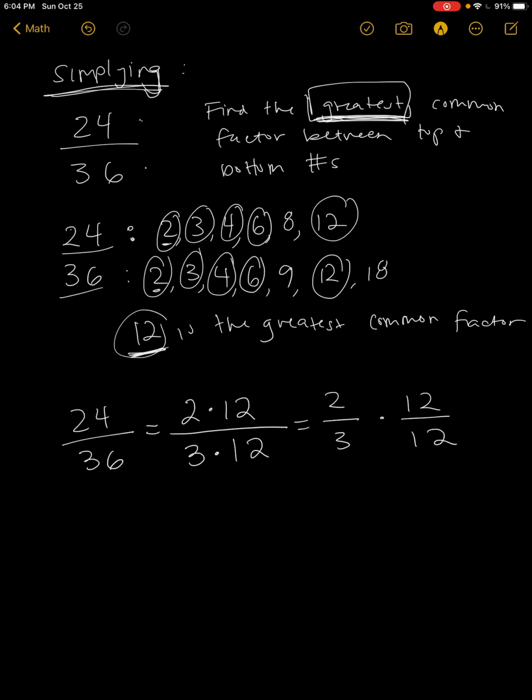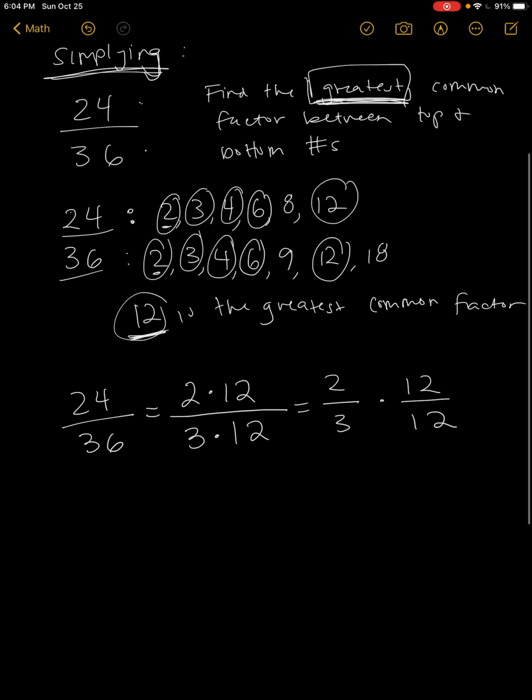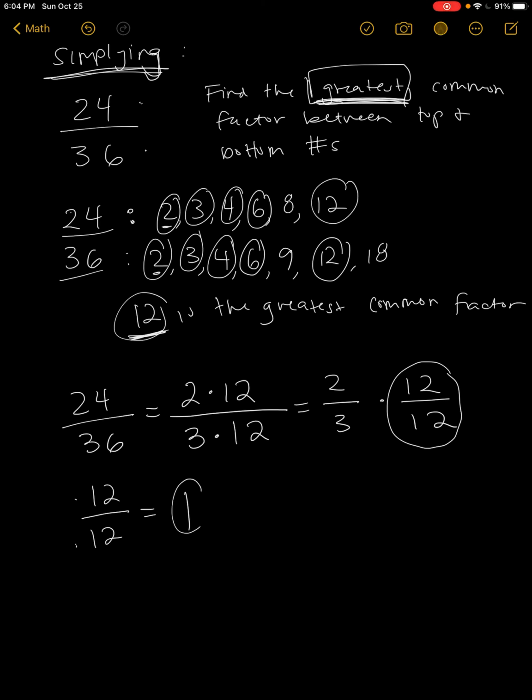So we could rewrite it like this. Now what is 12 divided by 12? If we have any number over itself, what does that give you? Same number on top and bottom. 12 divided by 12 gives me 1.